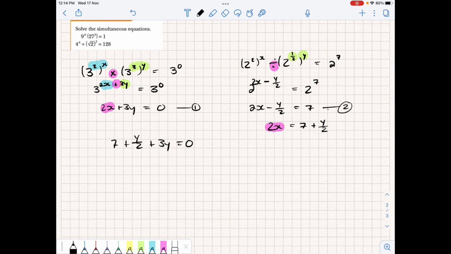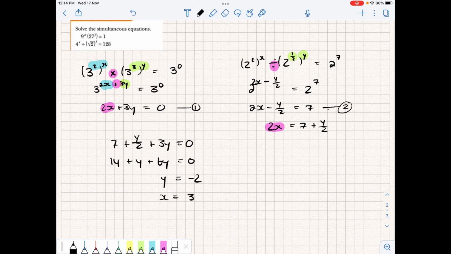I can multiply everything by 2 to make my life easier. 14 plus y plus 6y is equal to 0. And you can see that y will then be equal to negative 2. And we can just substitute negative 2 into either one of the two equations, and we can solve for x, and we'll get x equal to 3.